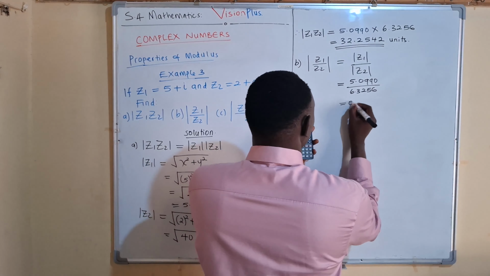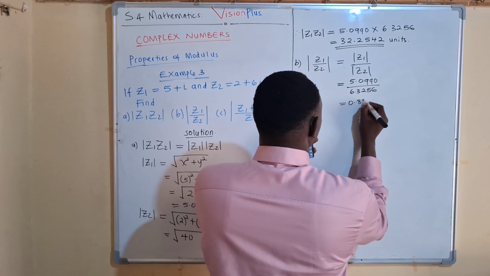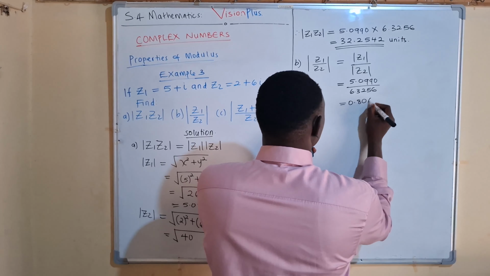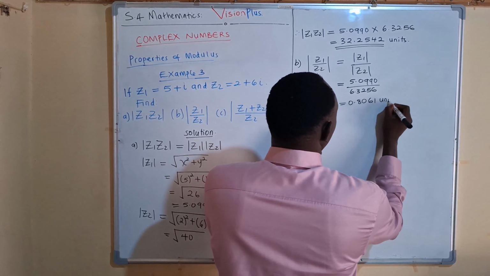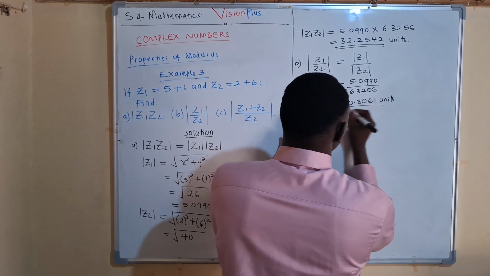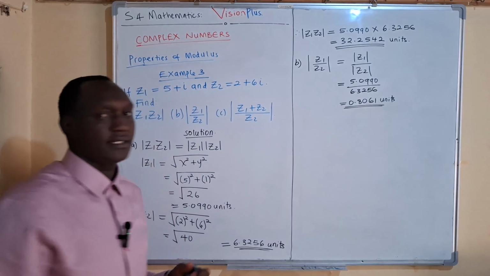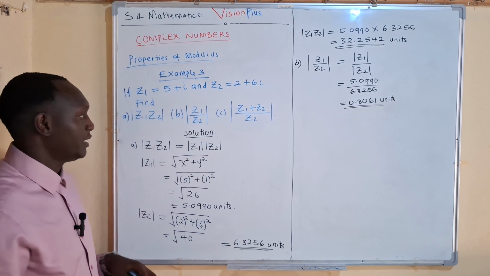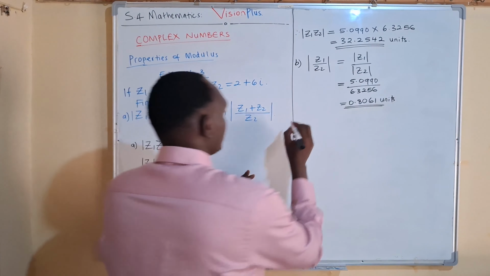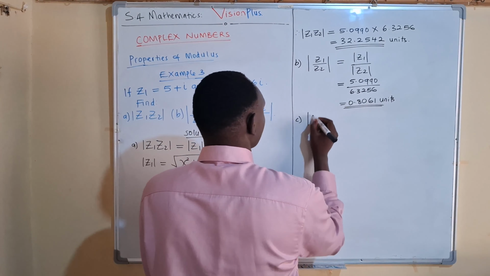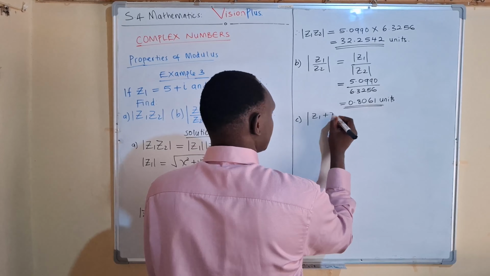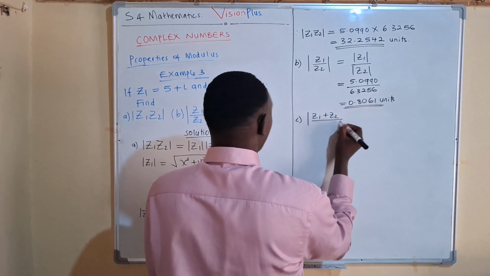This gives us here 0.8061 units. This is the magnitude of z1 divided by z2. And then going to part C. Part C says that we need to find the magnitude of z1 plus z2, but we are dividing both by z2.